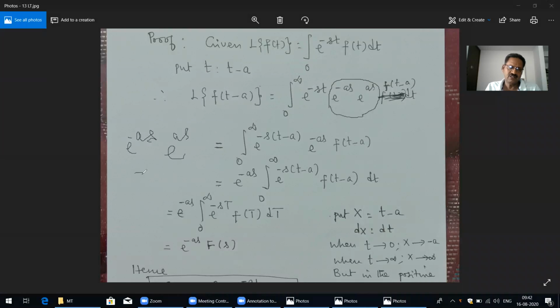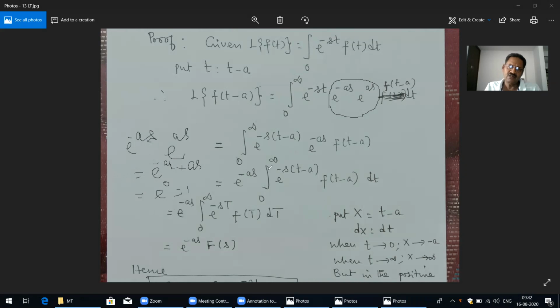Just adding these two exponents, we are getting e power 0, and e power 0 is nothing but 1. So that is the reason I have to add this here: Laplace transform of f of t minus a equals e power minus st into f of t minus a.